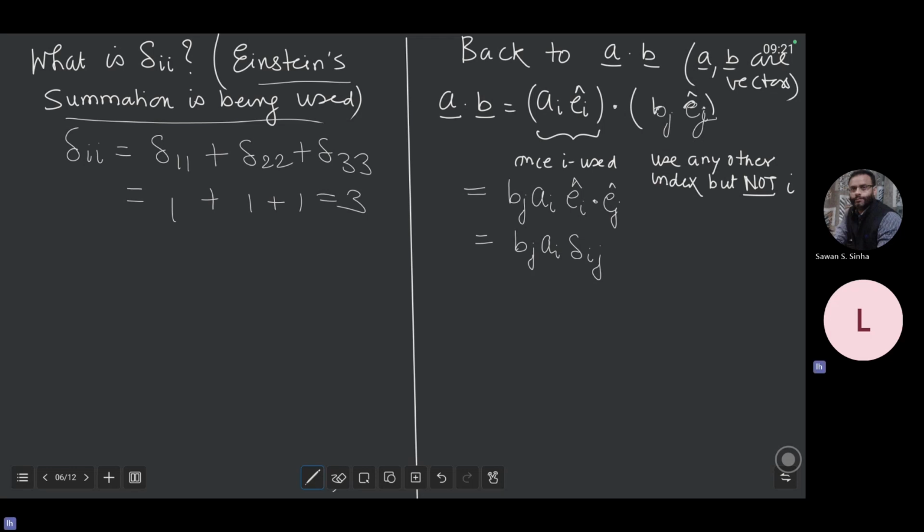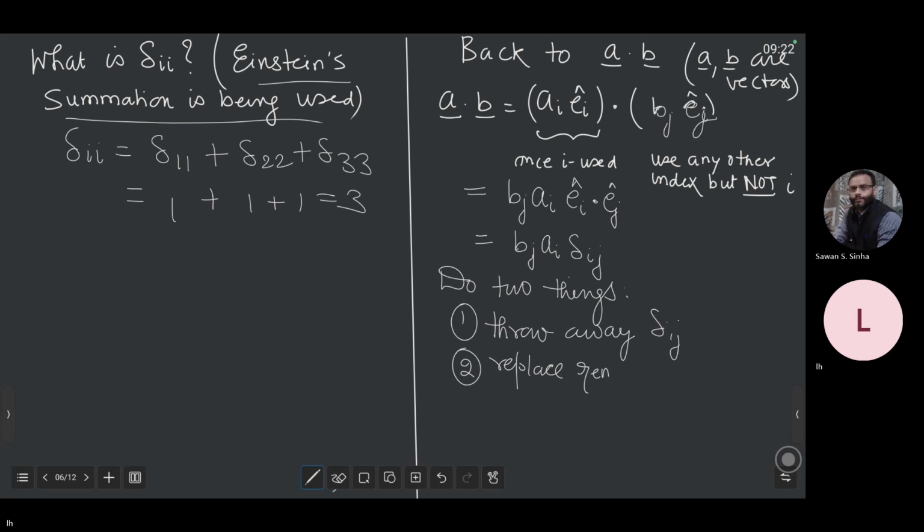Okay. Now, once you have delta ij in your expression, do 2 things. Whenever you have delta ij while using index notation, do 2 things.